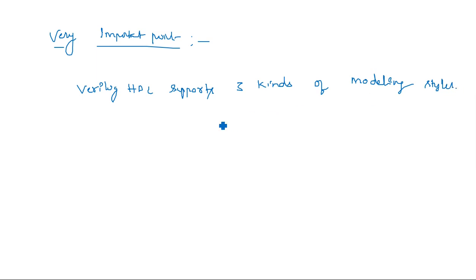The first is gate level, the second is data flow, and the third is the behavioral model.